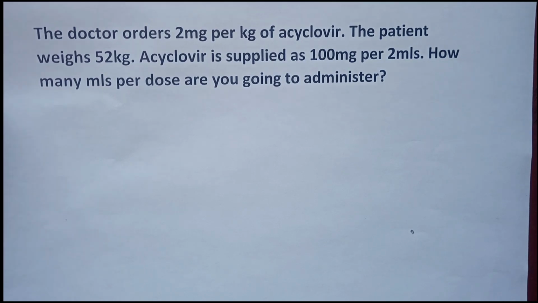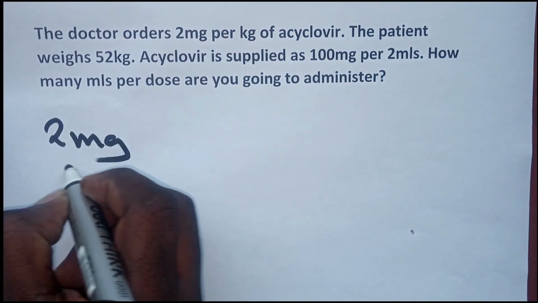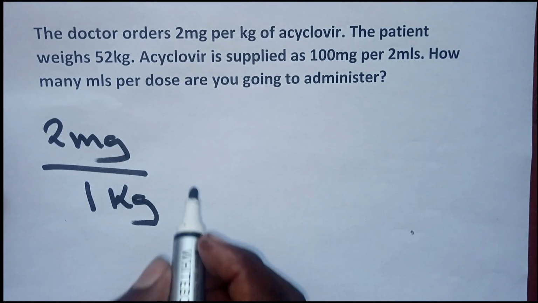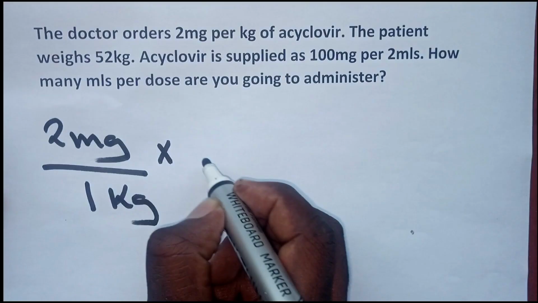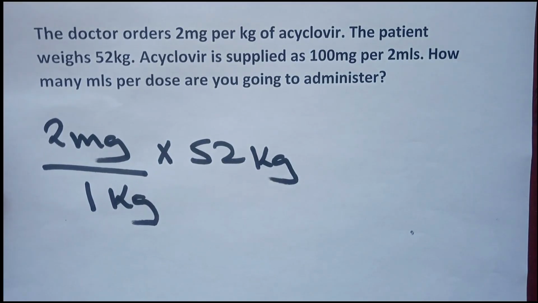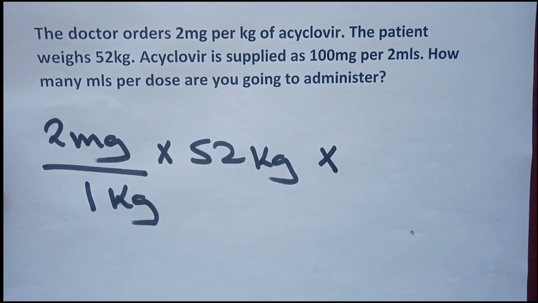So for this one, the doctor wants us to give 2 milligrams, as usual per 1 kg. Then you are going to multiply by the patient's weight, which is 52 kg. Then you are going to multiply by the representation of the drug which you have in that particular ward or department. The alignment of this presentation should allow you to cancel out units.